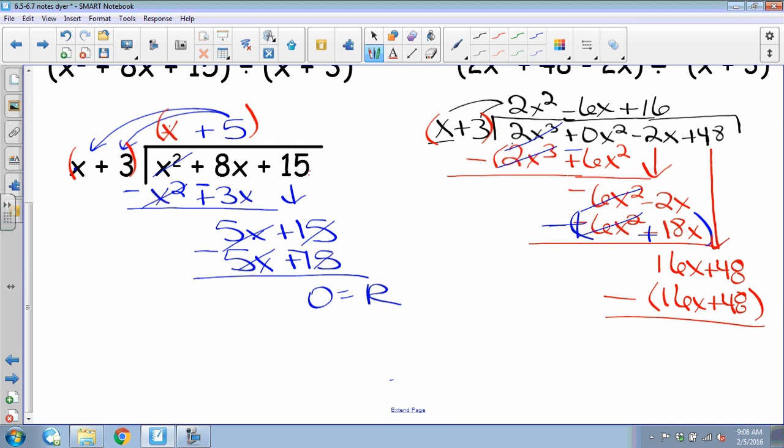So when I subtract, it changes both of these to negative, canceling both of those out, which means my remainder is 0. So if my remainder is 0, what does that tell me about x plus 3? It's a factor. What do I know about 2x squared minus 16x plus 16? It's another factor. Because if I take that and multiply it times x plus 3, it's going to equal the original polynomial.